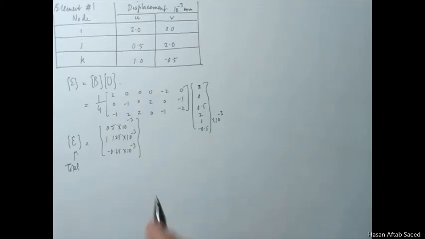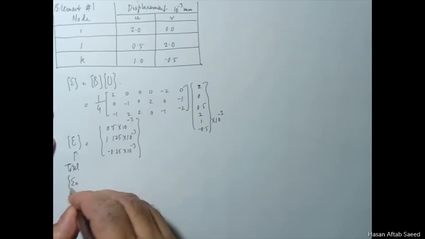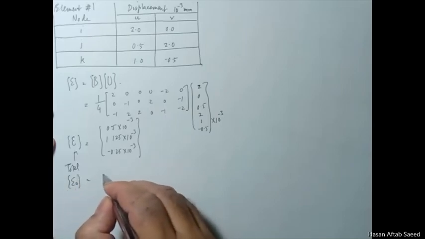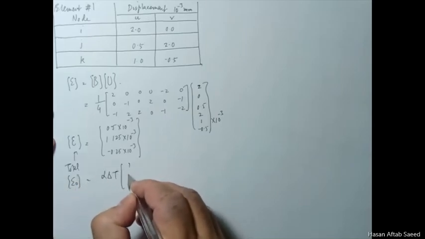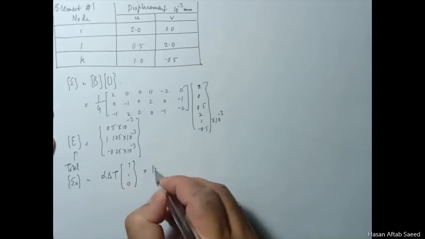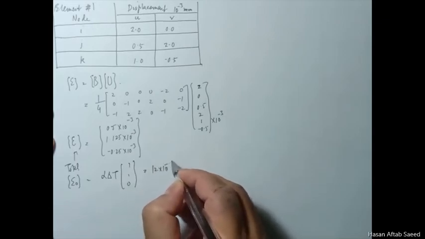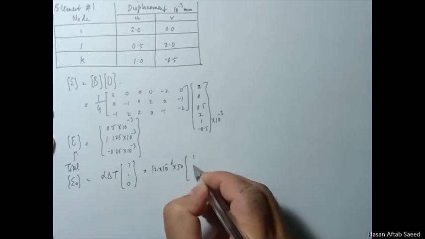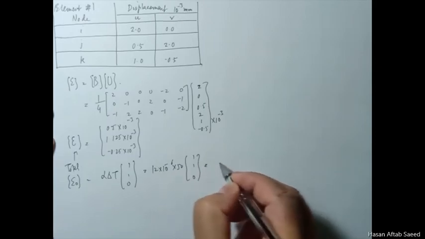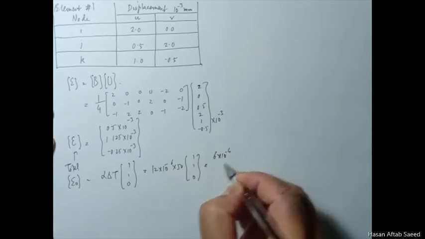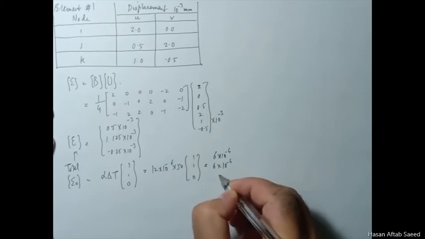So for that, recall this plane stress case. Alpha delta T, 1, 1, 0, just put in the values. This is 6 into 10 raised to the minus 4, 6 into 10 raised to the minus 4, and 0.